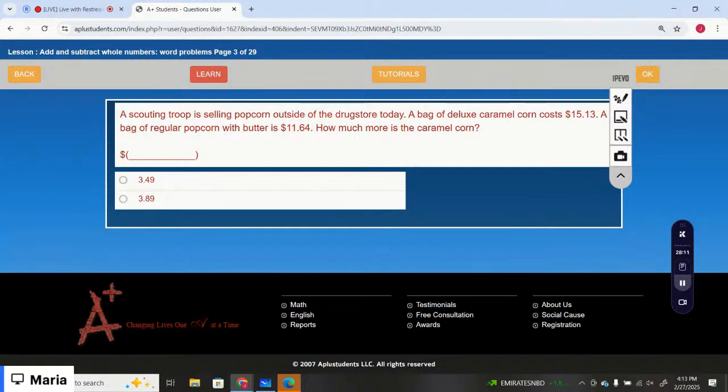A scouting troop is selling popcorn outside of the drugstore today. A bag of deluxe caramel corn cost 15.13. A bag of regular popcorn with butter is 11.64. How much more is the caramel corn?